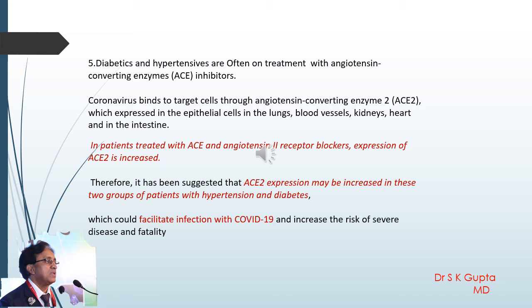In patients treated with ACE inhibitors and ARBs, the expression of ACE2 receptors is increased, and therefore it is suggested that this may lead to more infection in patients with diabetes and hypertension, especially those being treated with these drugs.